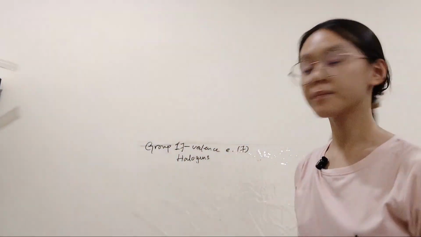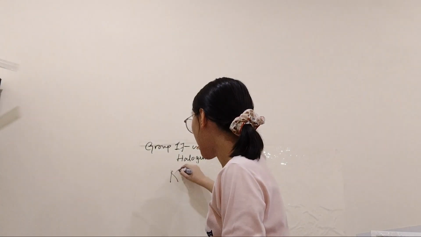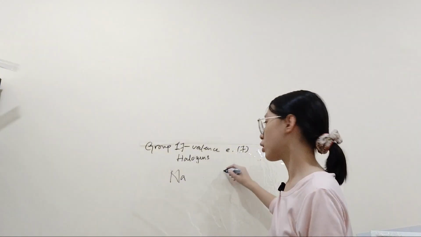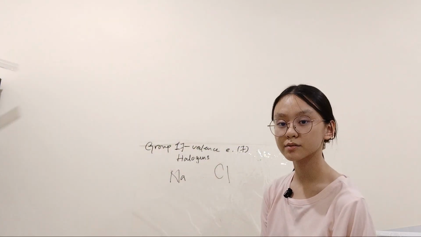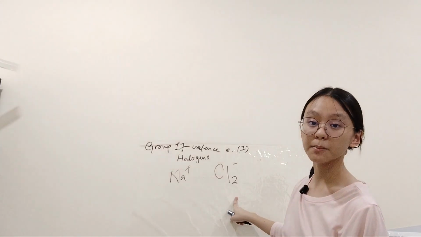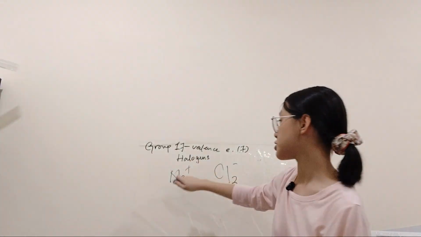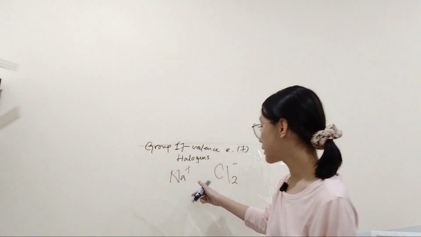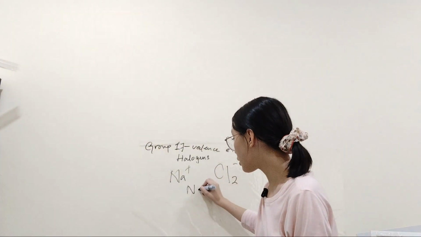For example, sodium, Na, belongs in group 1. Chlorine, Cl2, belongs in group 17, a halogen, and an alkaline metal, extremely reactive, you will get sodium chloride.